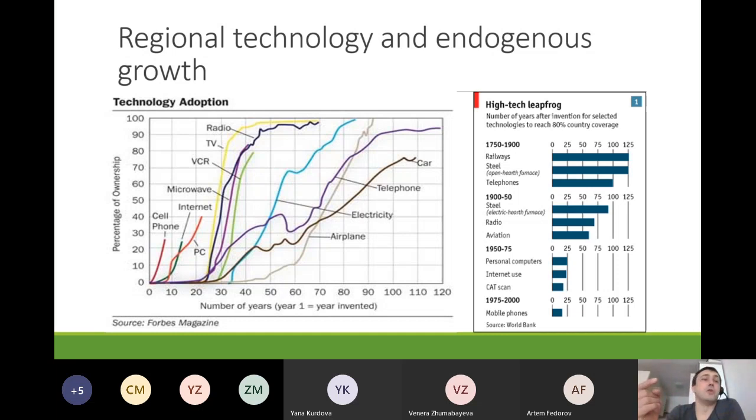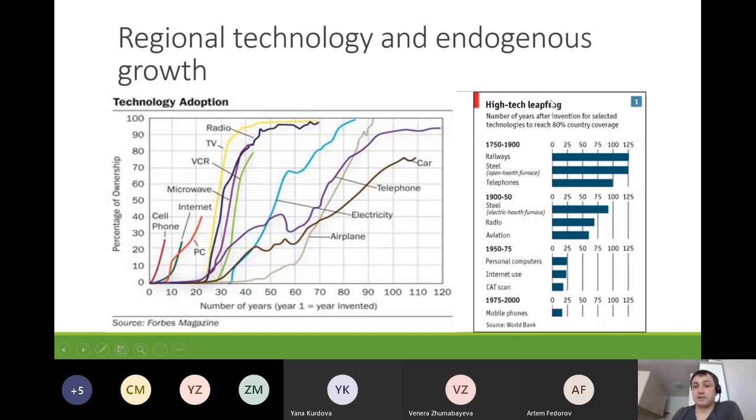It also happens globally, not only in a certain population. After technologies are invented in Sweden, in the United States, in Israel, the majority of the world adopts them nowadays much faster than they used to.